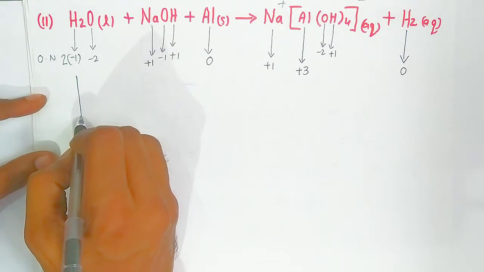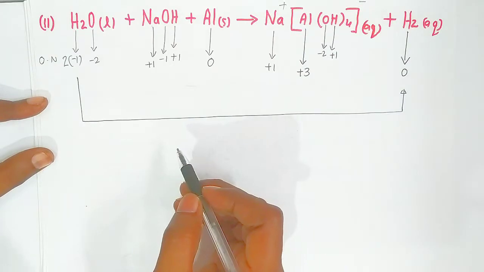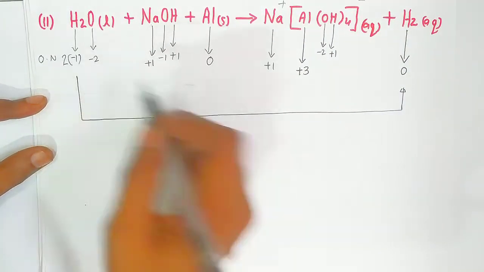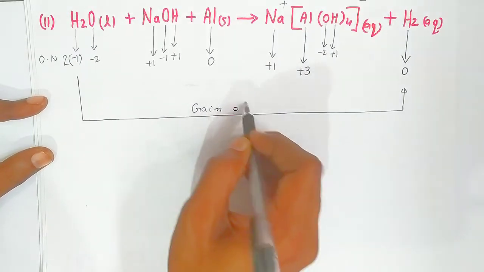There is a change in the oxidation number of hydrogen. The oxidation number of hydrogen is +1, and because of the gain of 1 electron, the 1 positive charge and 1 negative charge become 0. So there is a gain of 1 electron.